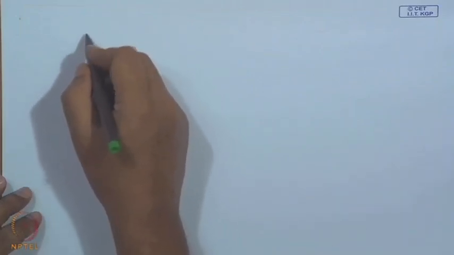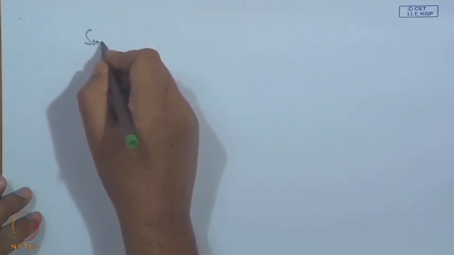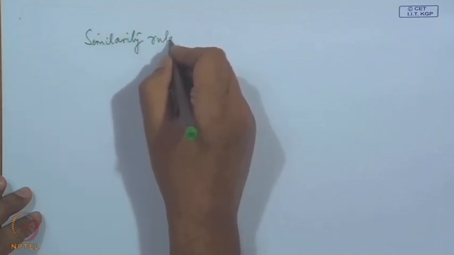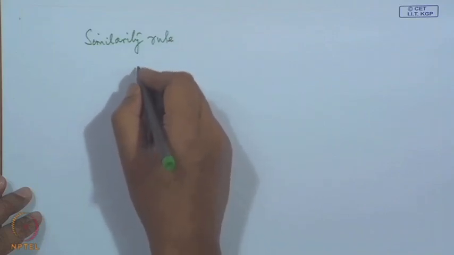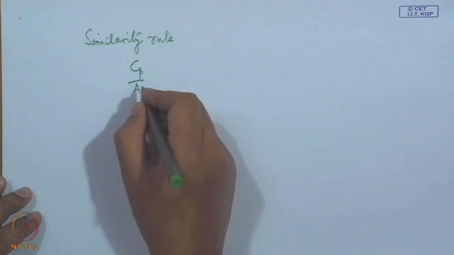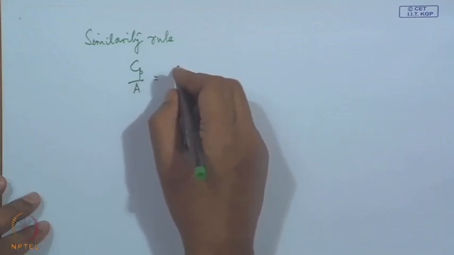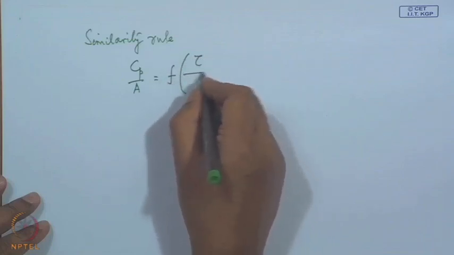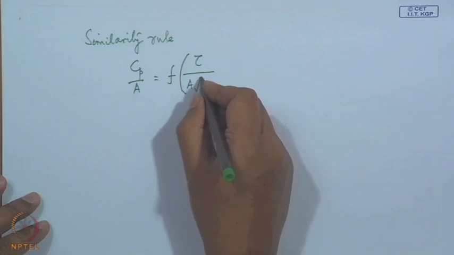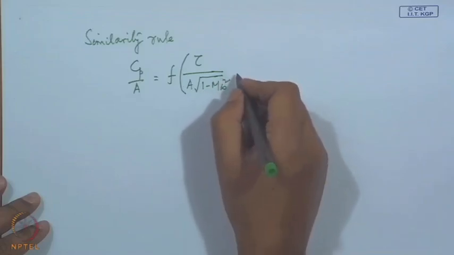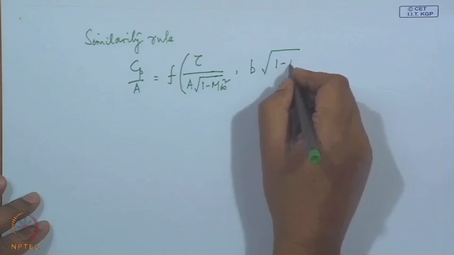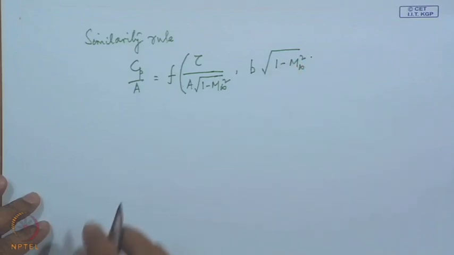So, the similarity rule is C p by A is a function of tau by A into 1 minus m infinity square into B into root over 1 minus m infinity square.